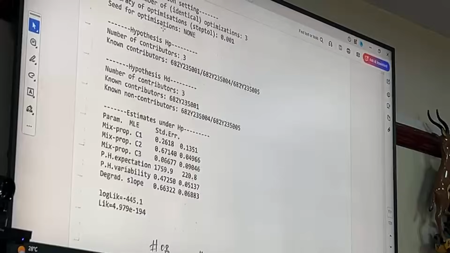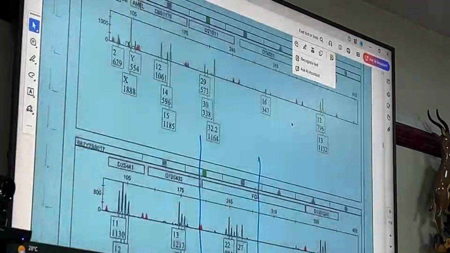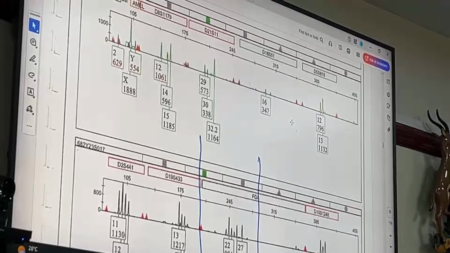Do you agree with that statistical evaluation? In my opinion, visually I would not be able to determine a major profile from this result. And equally, in my opinion, the number of contributors the system has been told to consider is inaccurate and does not represent the actual DNA profile.